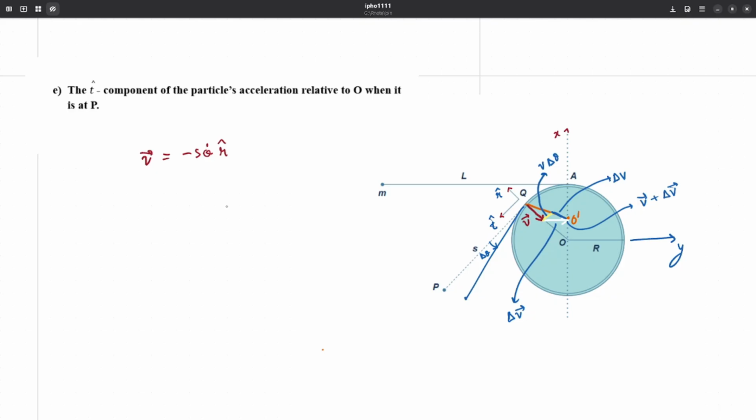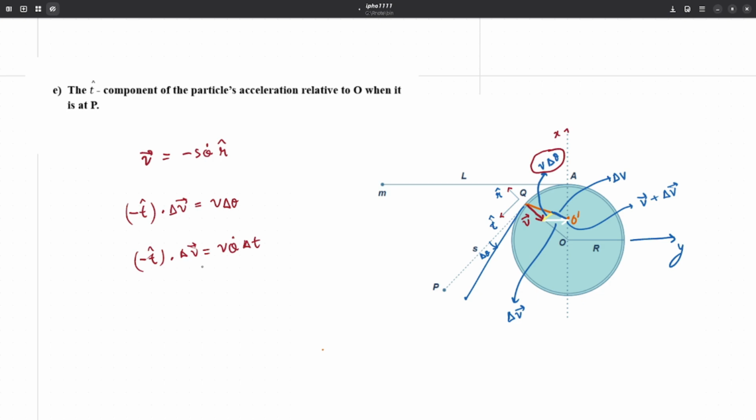From the diagram, you can see that the change in velocity along minus t cap is v delta theta. We can write this as minus t cap dot delta v is equal to v delta theta, which can be written as minus t cap dot delta v is equal to v theta dot delta t.